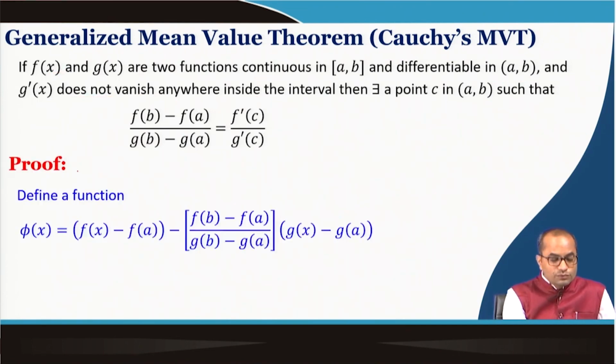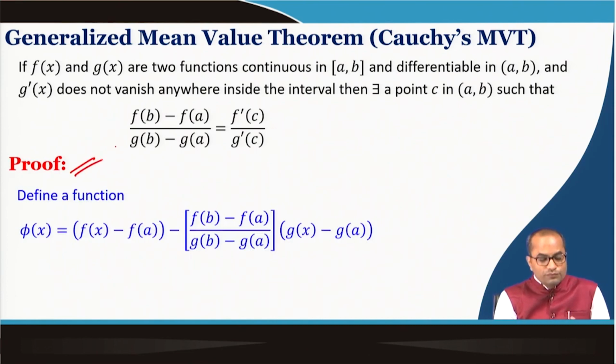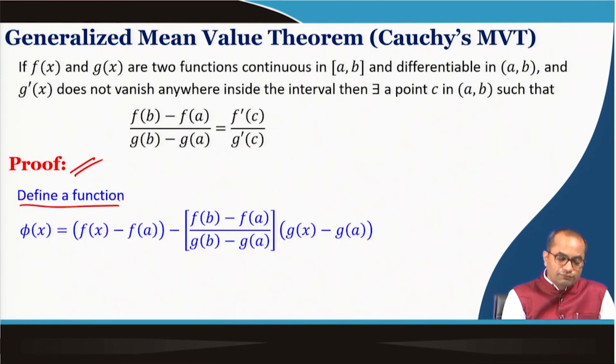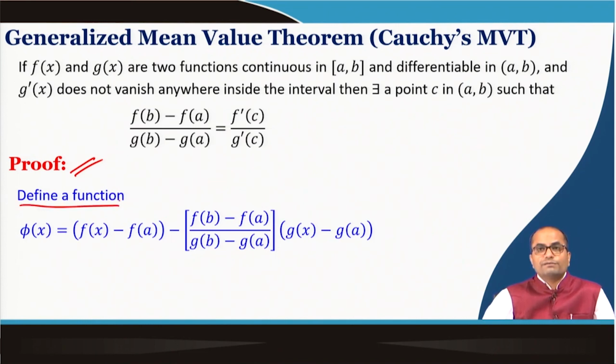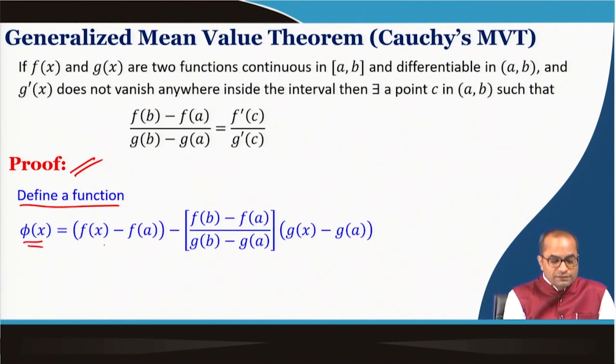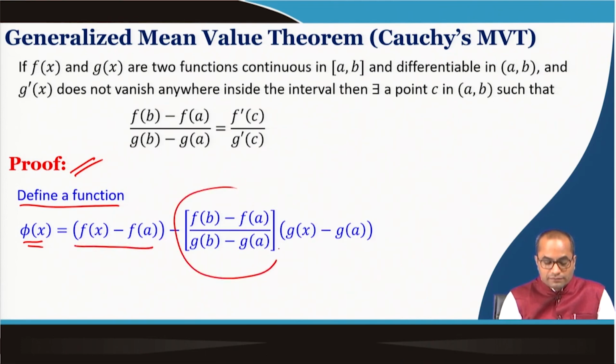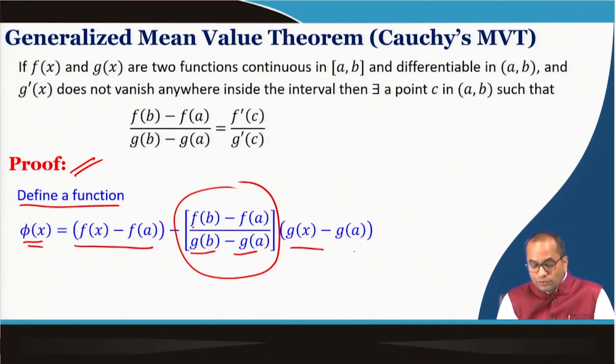So, to look at the proof, we will follow a similar trick to the one we used for proving the Lagrange mean value theorem. Here also we define a function f(x) minus f a, minus this quotient f b minus f a over g b minus g a, into g x minus g a.